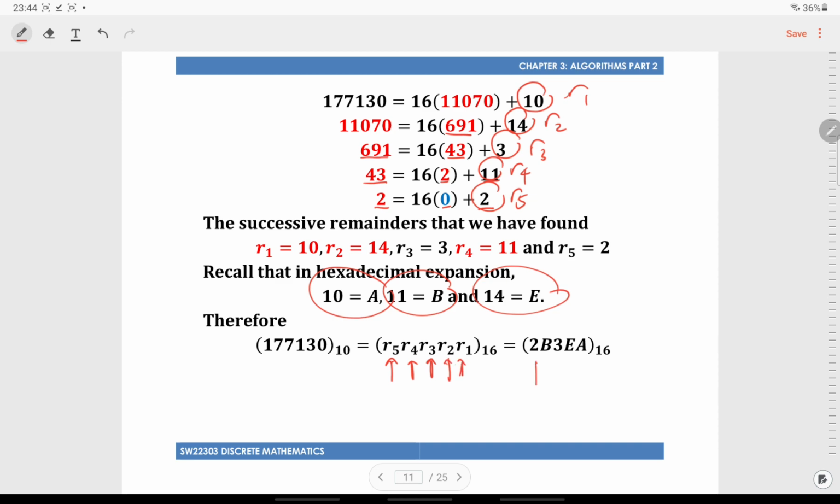So we have 2, B, 3, E, A, and then put in parentheses, subscript 16 to indicate this is the hexadecimal representation of the given decimal expansion.